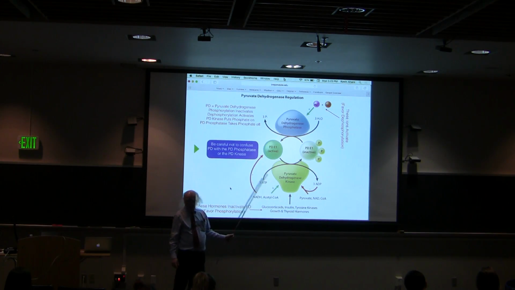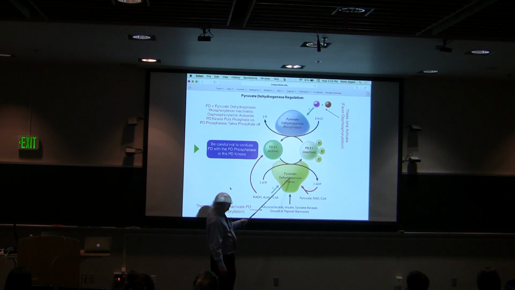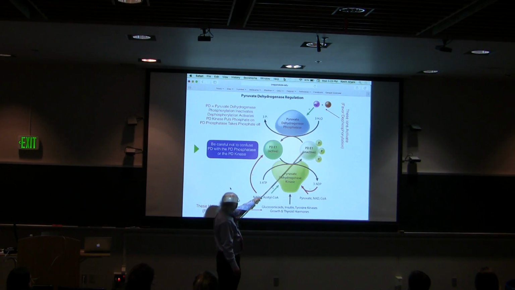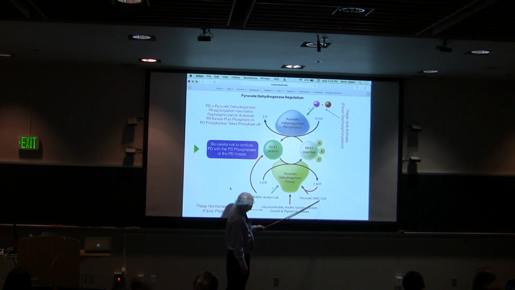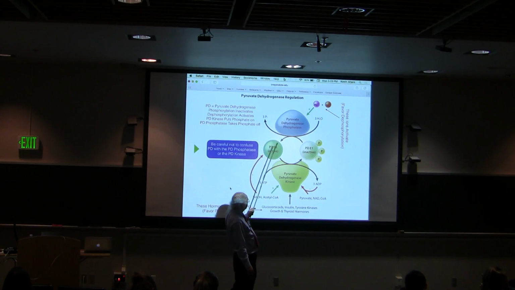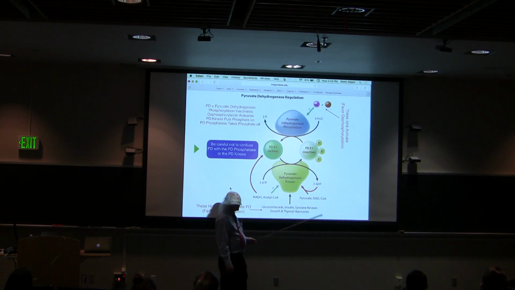Now, I find this figure, to be honest with you, confusing because it's actually the regulation of the kinase that determines whether the enzyme is inactive or active. So the tendency is to say, well, look, you've got NAD, you're going to make this enzyme inactive, right? But that's not what it's saying.